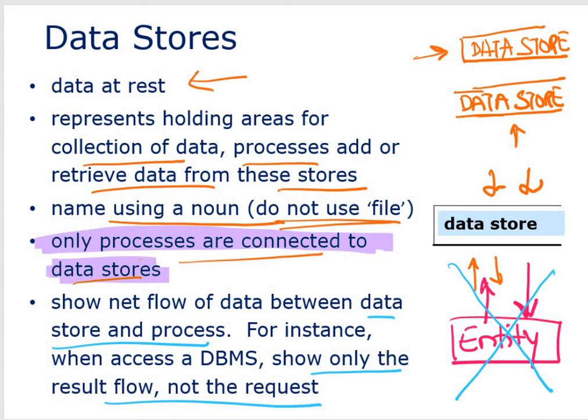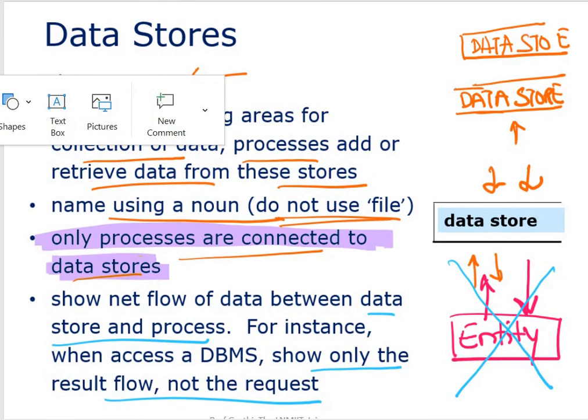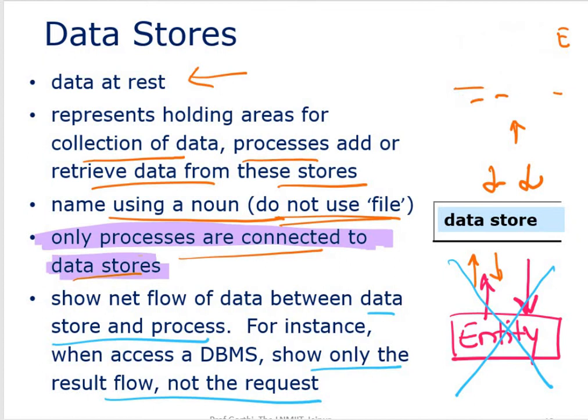So this was like all about the constituents. We had 4 constituents, right? We had 4 constituents, and what were those 4 constituents?